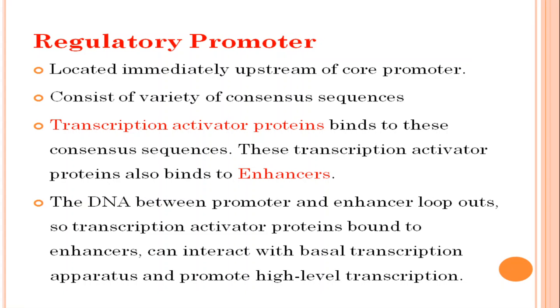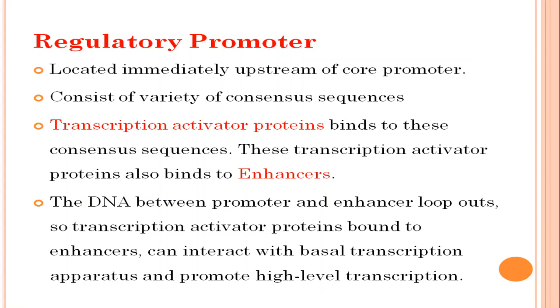The other promoter is known as the regulatory promoter. This regulatory promoter is located immediately upstream of the core promoter. It consists of a variety of consensus sequences. Transcription activator protein binds to these consensus sequences in the regulatory promoter.